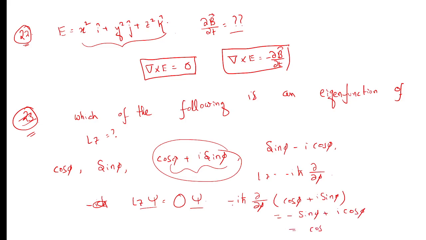And if you just take this iota inside, you will get this, and h cut comes as the eigenvalue, on the very basic definition of eigenfunctions.